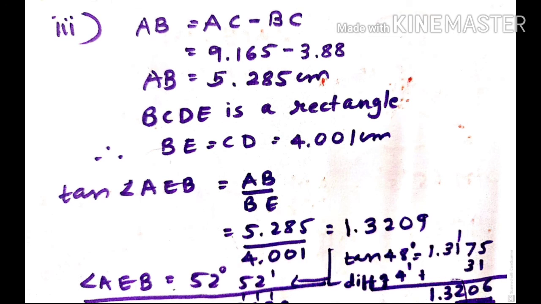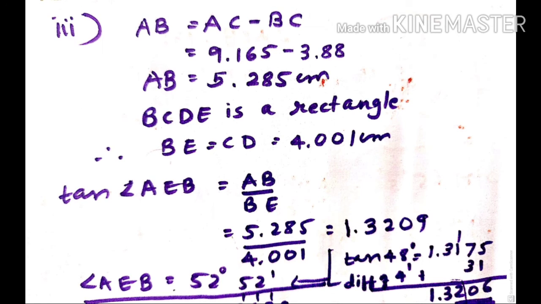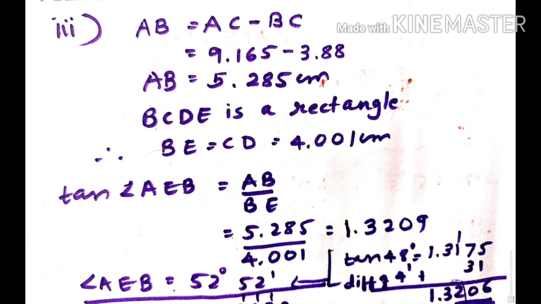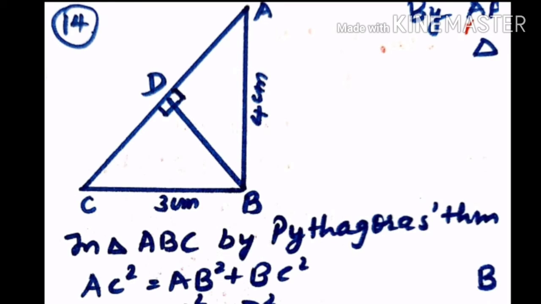Approximately, by adding 48 degree and 4 minute, we get 52 degree and 52 minute. Students, here you have to see the 52 degree and 52 minute value is 1.3206, and hence we get angle AEB as our answer.